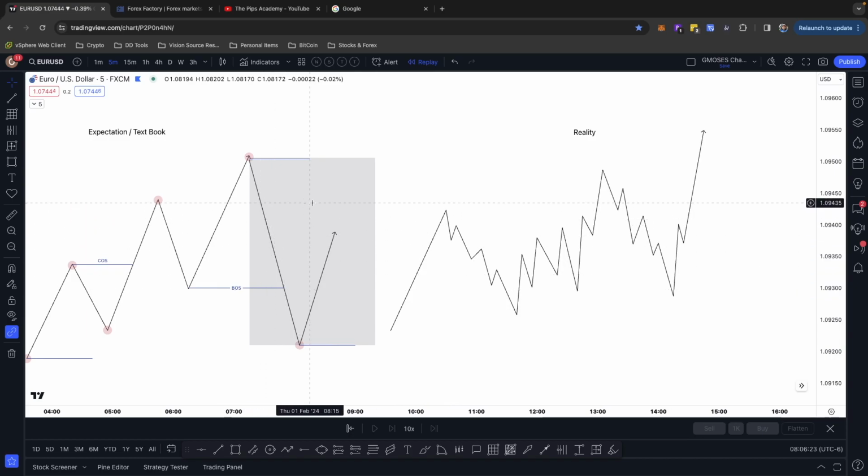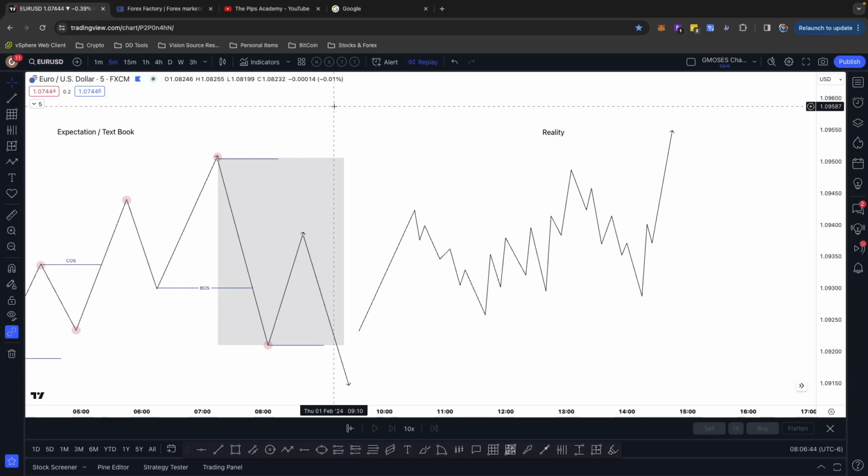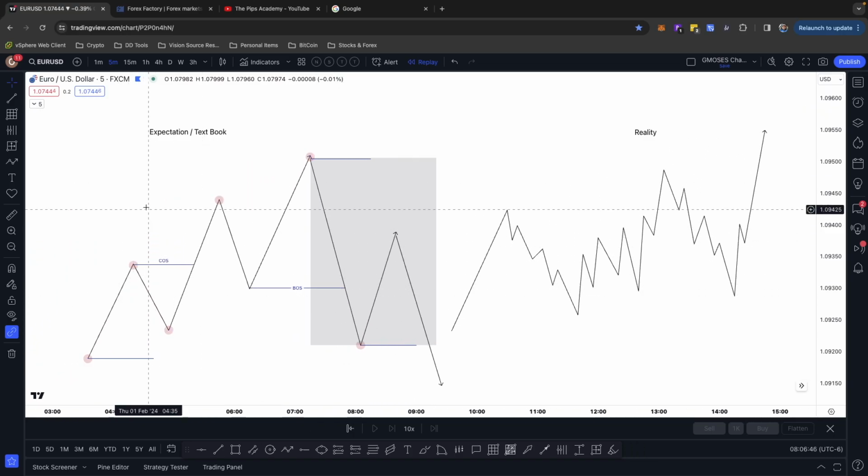Anything that happens in this area is, like I said, our internal range or considered as internal structure, until we break this box. Anything that happens in this particular area is just a part of this internal range or internal structure. Okay, so now this is the expectation.